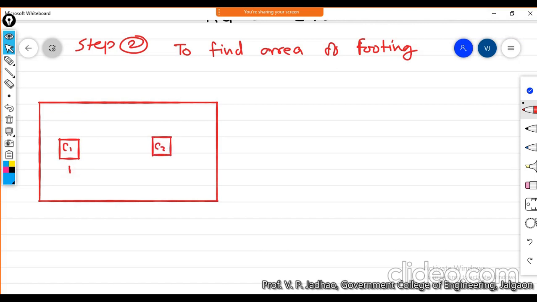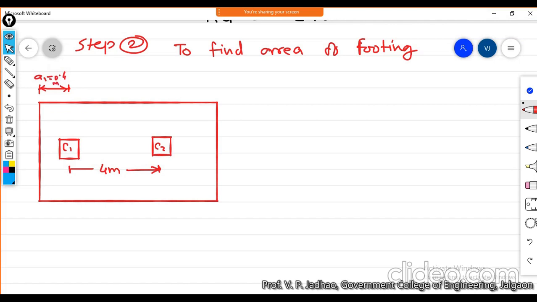This particular distance is given as 4 meter. This distance from the edge of this footing to the center line of your column C1, A1, is equal to 0.4 meter.